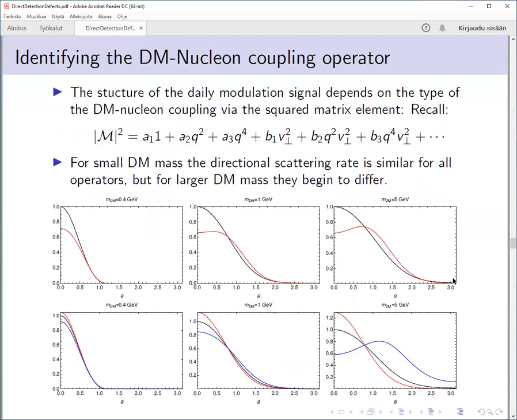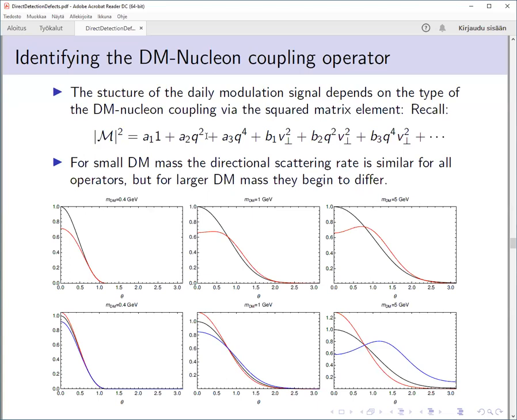The structure of this signal also depends on the interaction operator. What I showed here was for the simple so-called spin-independent scattering operator, but you can have momentum dependence or velocity dependence in the interaction operator. This is in an effective theory where we just expand the scattering amplitude squared.